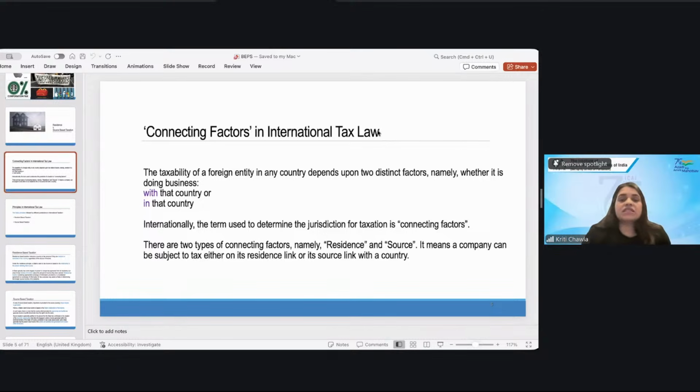It basically means that a company can be subject to tax either because it is resident in a particular country or jurisdiction, or because it has some kind of source link with that country, as in it is deriving its income from that country. So where is it being taxed? Precisely, we need to find out whether a particular income is being taxed in the residence country or in the source country.